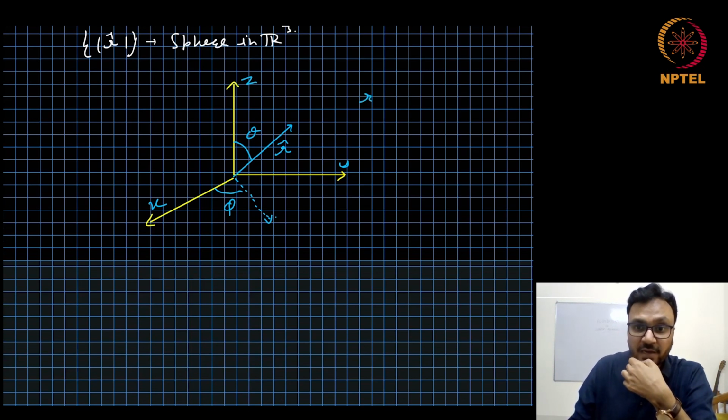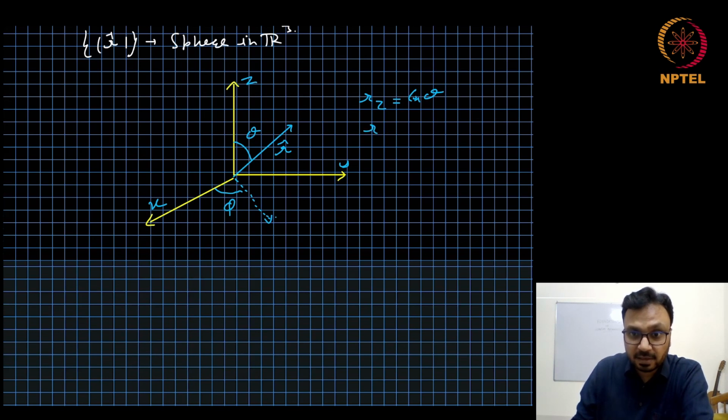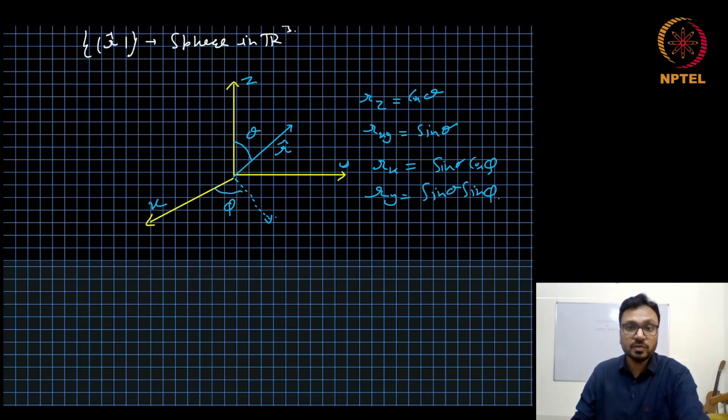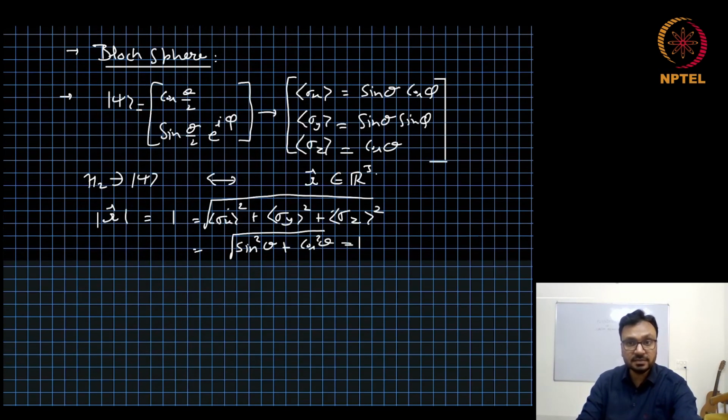So the Rz component can be written as cos theta, and the xy component, that is the projection in the xy plane, can be written as sine theta. Rx, along the x-axis, will be sine theta cos phi, and Ry will be sine theta sine phi. So this vector in polar coordinates is represented by these three quantities: sine theta cos phi, sine theta sine phi, and cos theta.